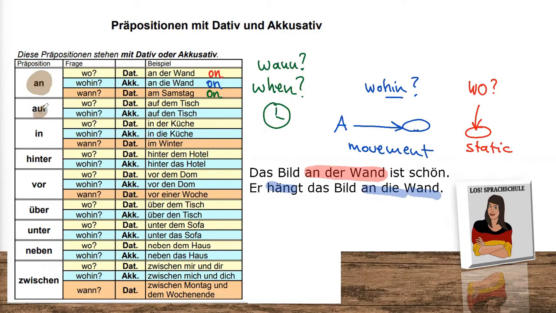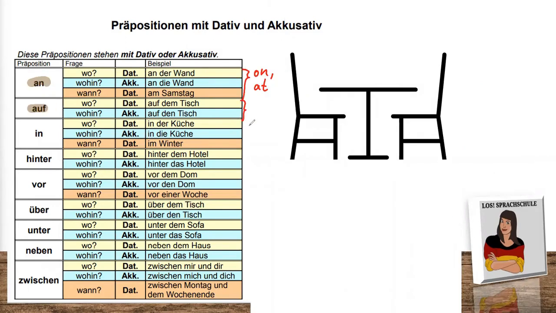Next one is auf. Auf can also mean on, but it's more of a surface thing where an mostly means on or at. So again, same concept. Wo, dativ, auf dem Tisch. Here we have a table and we want to say, for example, die Maus ist auf dem Tisch.